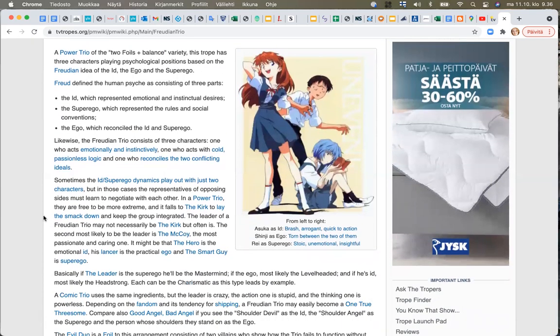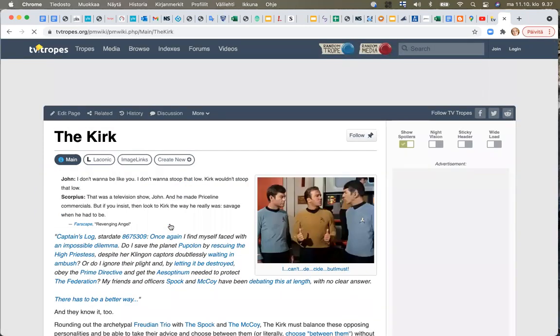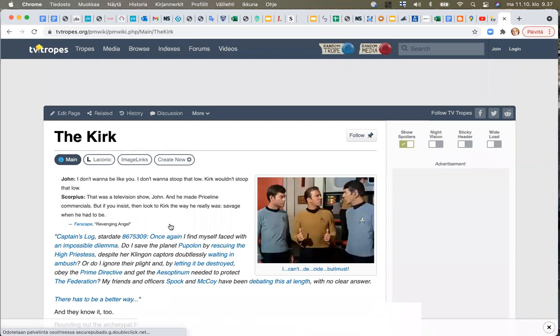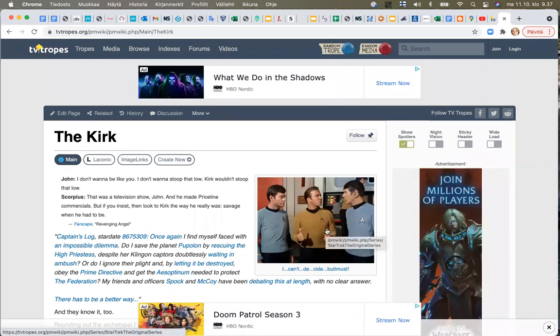So often this has also been used in what's called the power trio, where you have, well, this is from the original Star Trek, where the ego is Captain Kirk, then we have the super ego as Dr. Spock, and then we have the other doctor, McCoy, who is like the emotion.